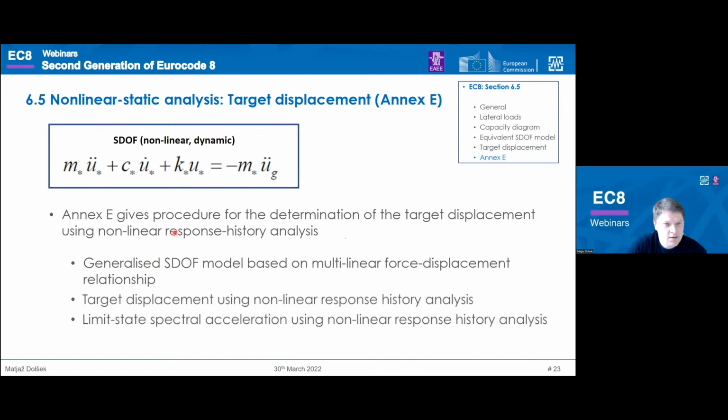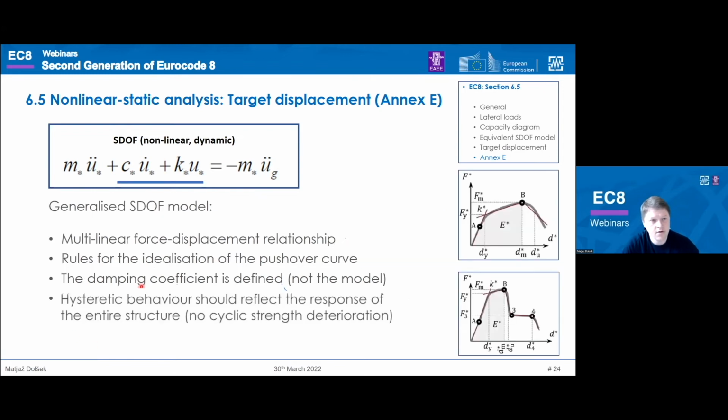And the target displacement, this U, is obtained by solving this equation. Another novelty is that it's not only for the target displacement, but also for limit state spectral acceleration, which is related to Annex F, the simplified reliability-based verification format.